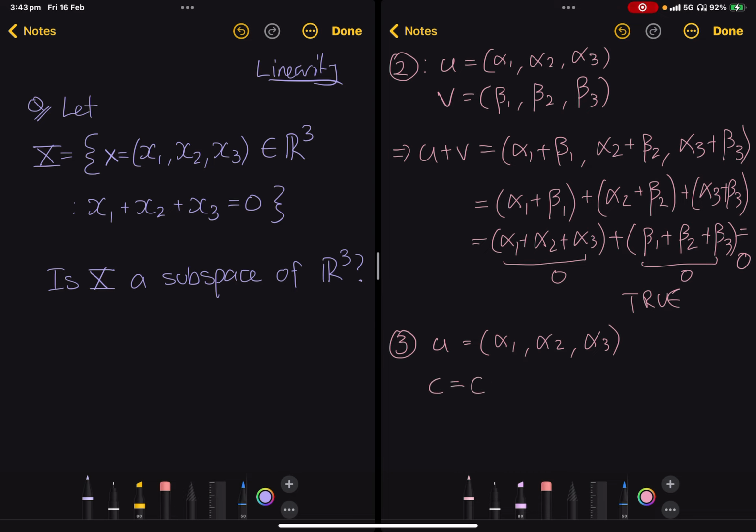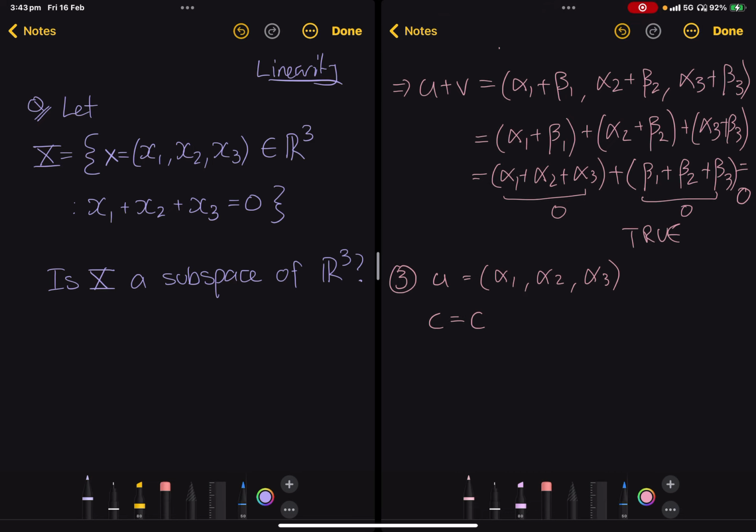So we get c times u. Remember c is a number, so this is a scalar multiple, and it is equal to c alpha 1, c alpha 2, c alpha 3. So this is our vector.